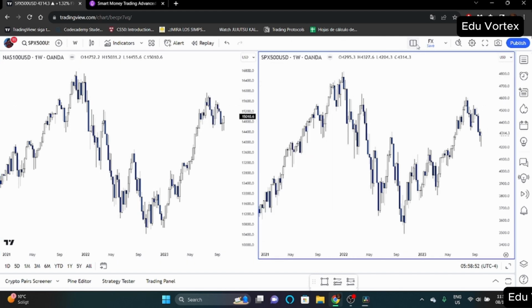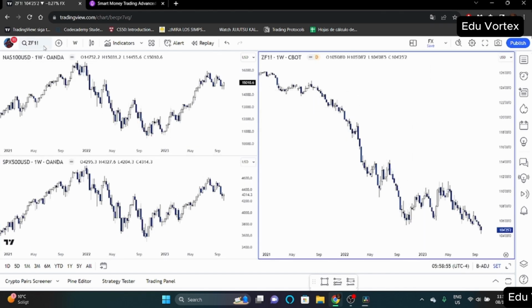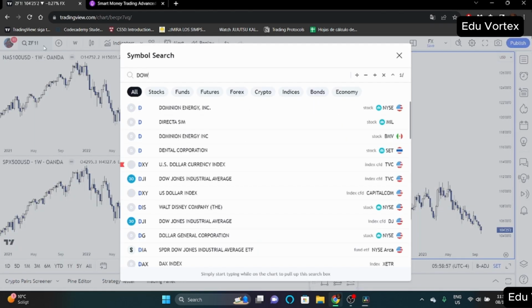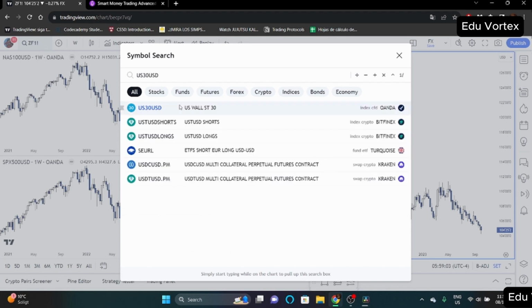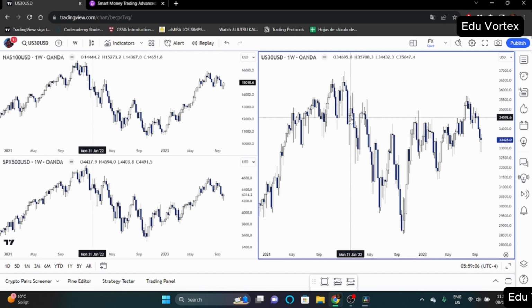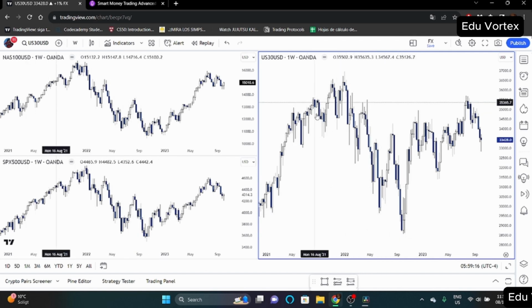Let's look to another one that is highly correlated. You're probably knowing which one I mean. Look, we had the divergence as well, right? We made the lows as well, right? They're all correlated.